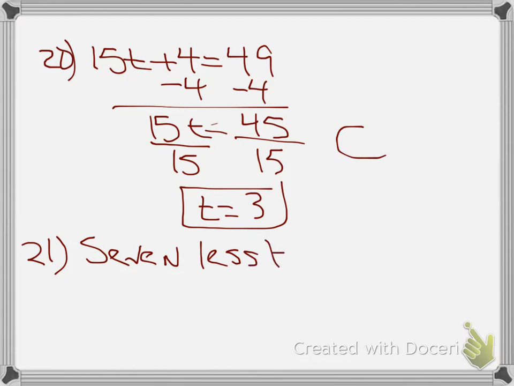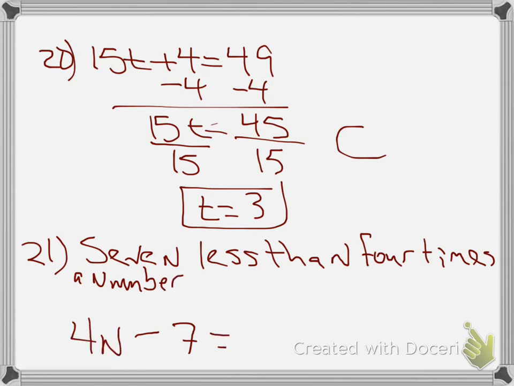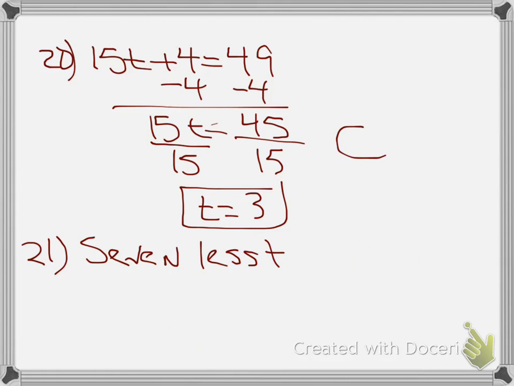7 less than 4 times a number is equal to 13. Okay, let's remember this. 7 less than means minus 7. Don't forget, whatever's in front of less than, not is less than, but just less than, means minus. 7 goes after the minus, then whatever I say after that goes in front.